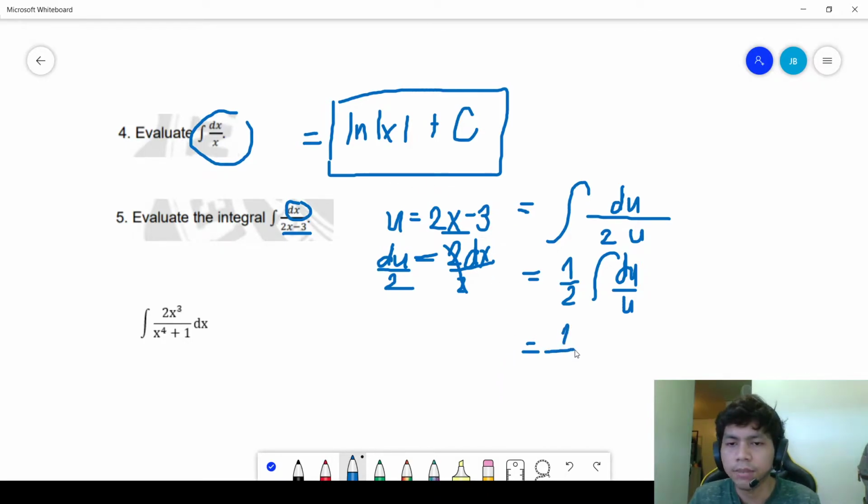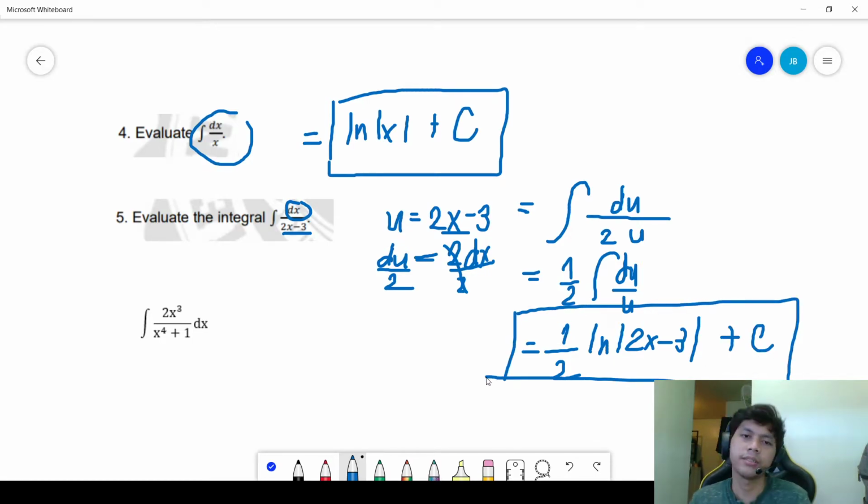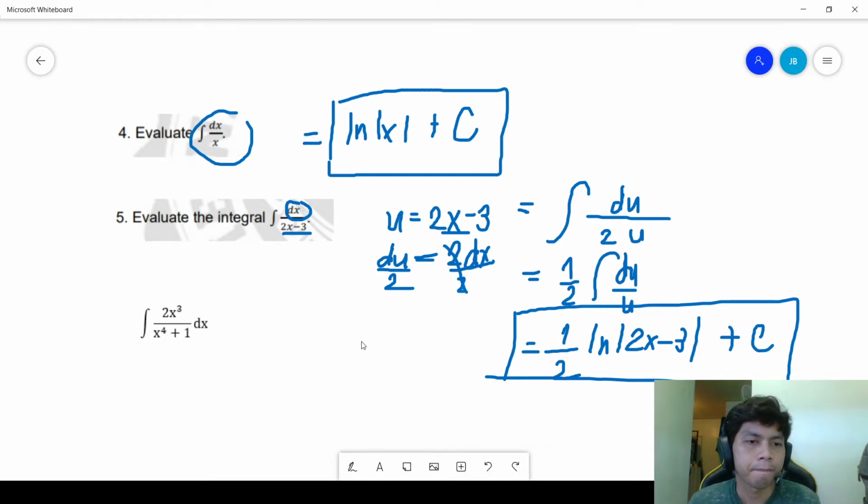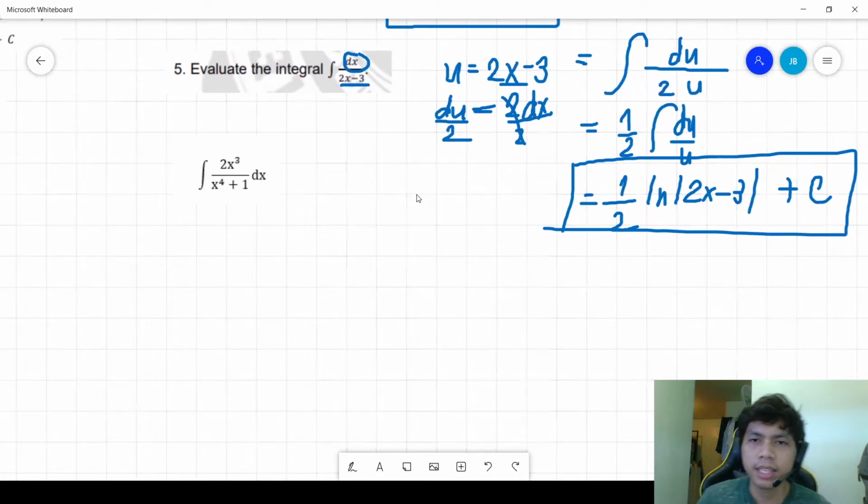So you will have now 1/2 ln of u, which is 2x minus 3, plus c. Now this is your final answer.